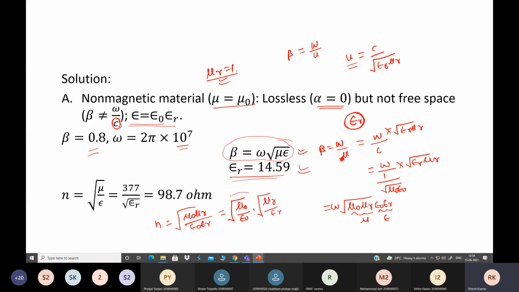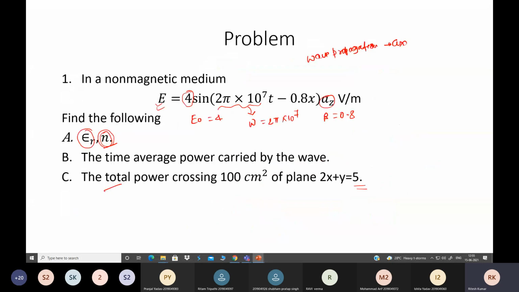This is the intrinsic impedance in free space, therefore 377 ohm. So 377 multiplied by mu r, in our case 1, divided by square root of epsilon r, which has been calculated as 14.59. Put the value and you get the intrinsic impedance, that is 98.7 ohm. Okay, first half of the problem A is calculated.